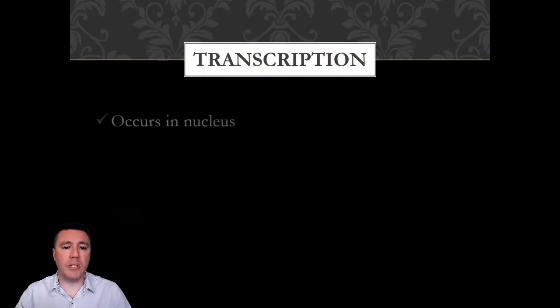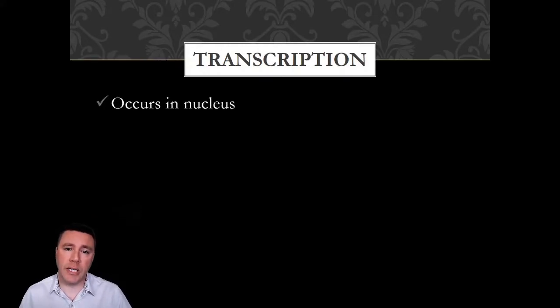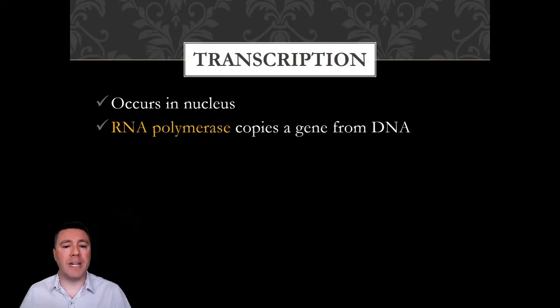Transcription, first of all, takes place in the cell's nucleus. The reason why that is because that's where the DNA is found. So transcription occurs in the nucleus with the help of an enzyme called RNA polymerase. RNA polymerase is an enzyme that manufactures molecules of RNA.